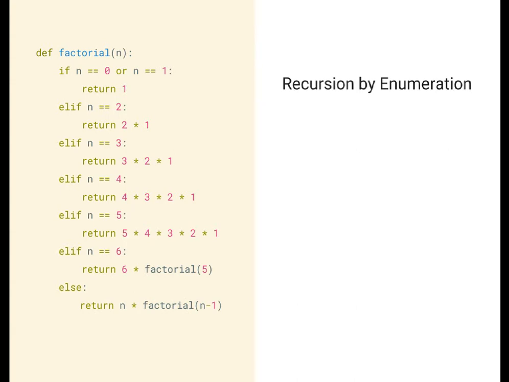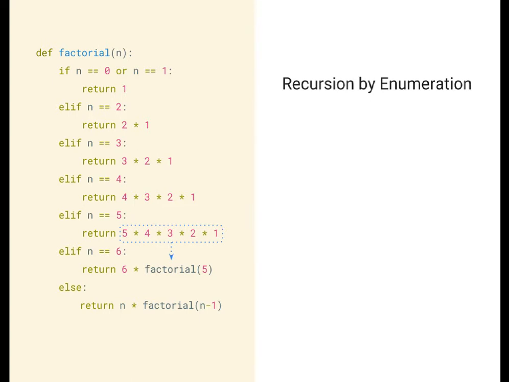I want to point out where this came from. This is the idea of functional abstraction again. We see that I just want to do 6 times 5 times 4 times 3 times 2 times 1, but I don't want to write out 5 times 4 times 3 times 2 times 1. So I can say, hey, where else in my code have I done 5 times 4 times 3 times 2 times 1?